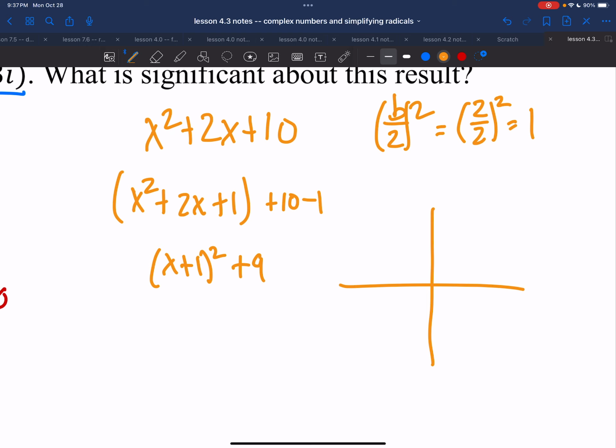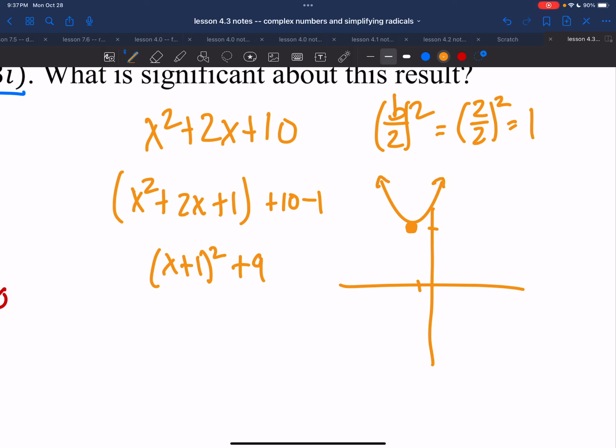So I'm going to put a little grid here, and I want you to sketch the function x plus 1 squared plus 9: left 1, up 9. So about right here is your vertex. It's not stretched, and it's not flipped upside down, so it's going to look something like this, more or less that parabola right there.